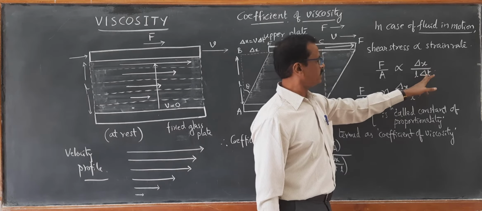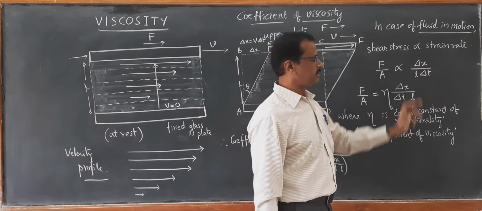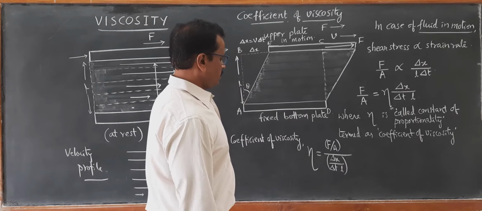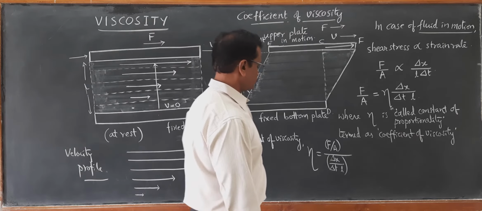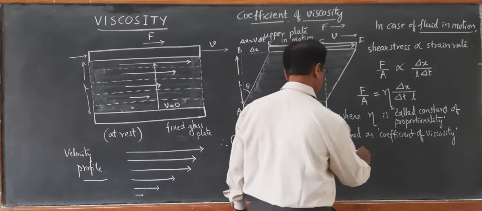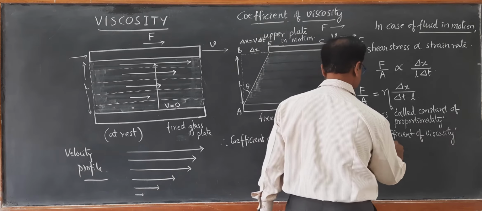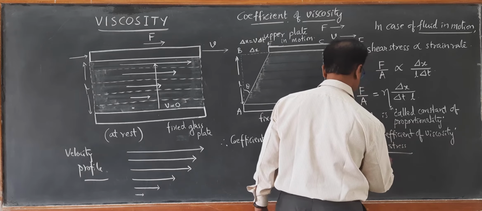Delta x by L divided by delta t gives us the strain rate. So this is how we write it: shear stress divided by strain rate.